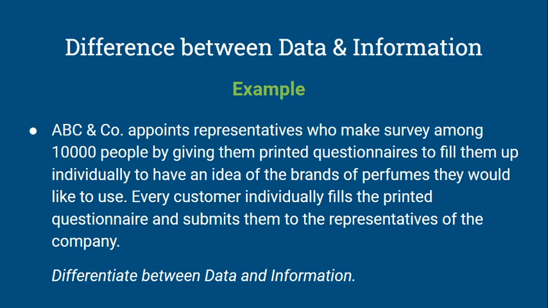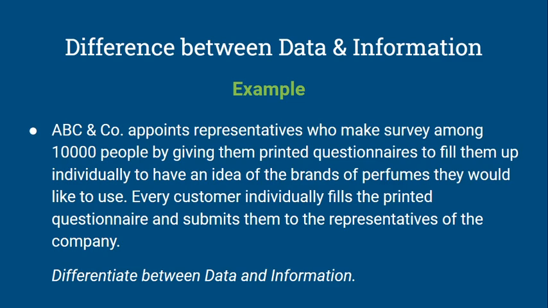Right? Now, till now, we have learned regarding the data, the information, the differentiation between data and information. Now, is there a relation between data and information? They have a difference between them, but are they related? Yes, they are related.